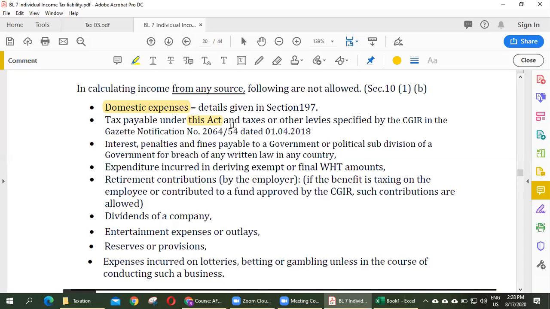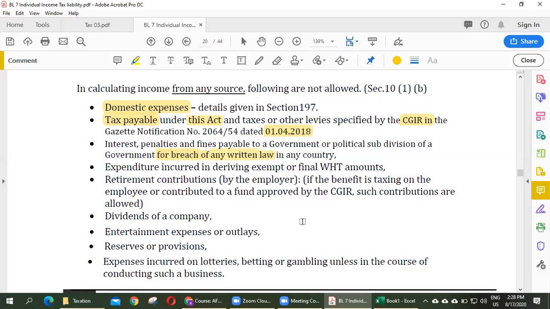The tax payable under this Act and taxes and other levies specified by the Commissioner General of Inland Revenue in the Gazette Notification 2064-54 dated on this date. Right. So simply, any tax payable is not a deductible expenditure. Interest, penalties, fines payable to the government or a subdivision of a government for breach of any written law.